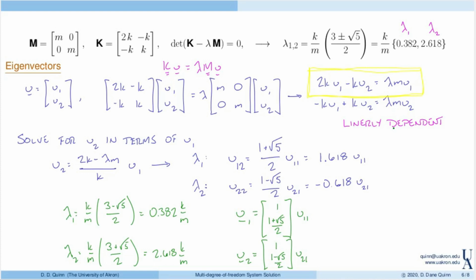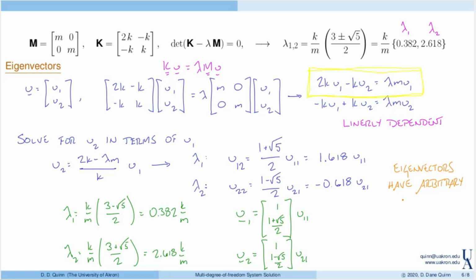Now, the eigenvectors have arbitrary magnitude. So for now, we'll just set u11 and u21 equal to 1. We could make them anything that we wanted to.